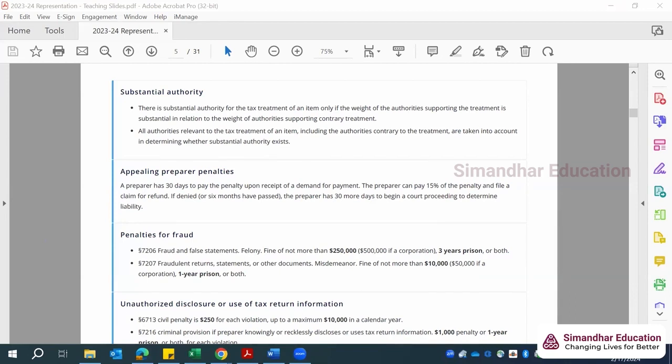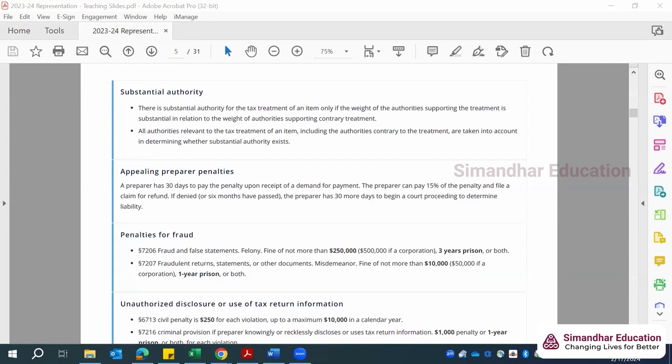This is the form that you fill out as a practitioner or as a preparer, or the taxpayer itself if you're preparing your own tax return, because you want the authority to know what standard you have taken on the tax return.